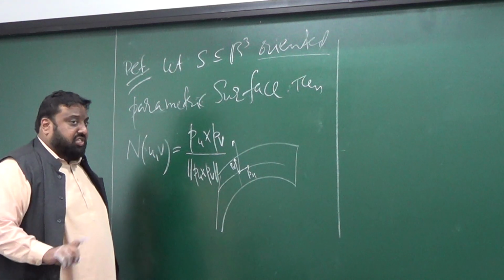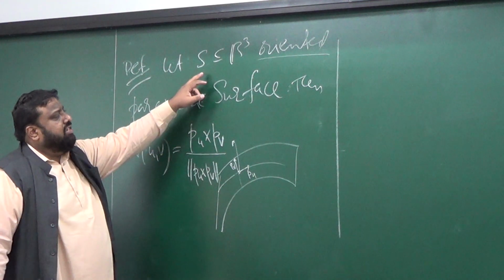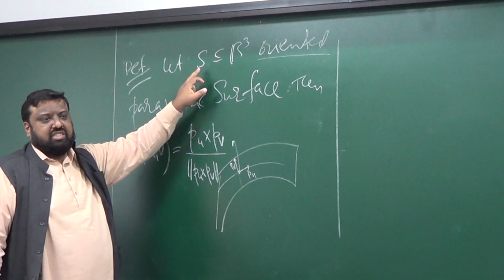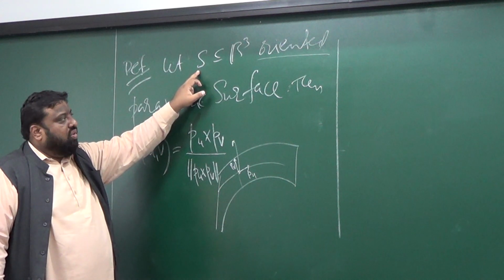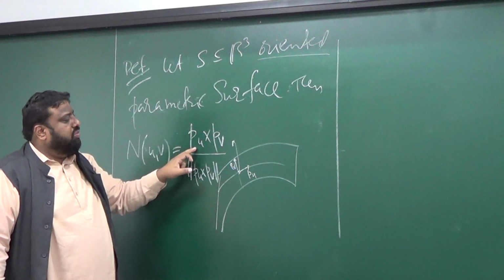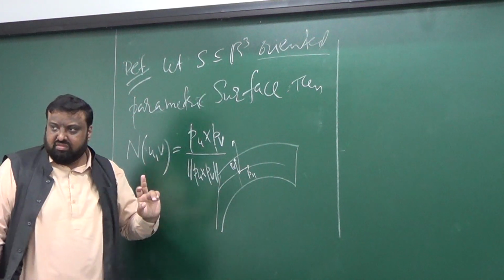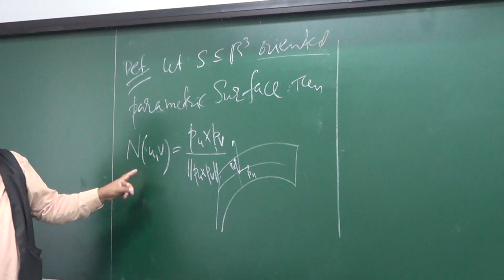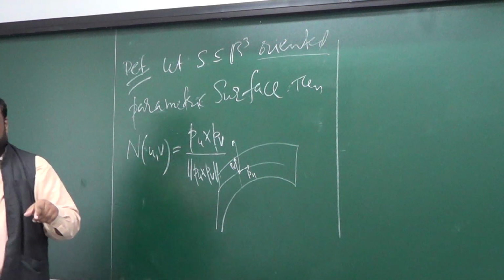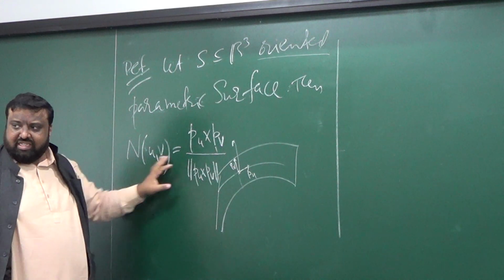But now, by definition, think about it. S is a surface, a kind of object for which PU cross PV is never zero at all points u, v. This means that the normal would always exist on the surface.